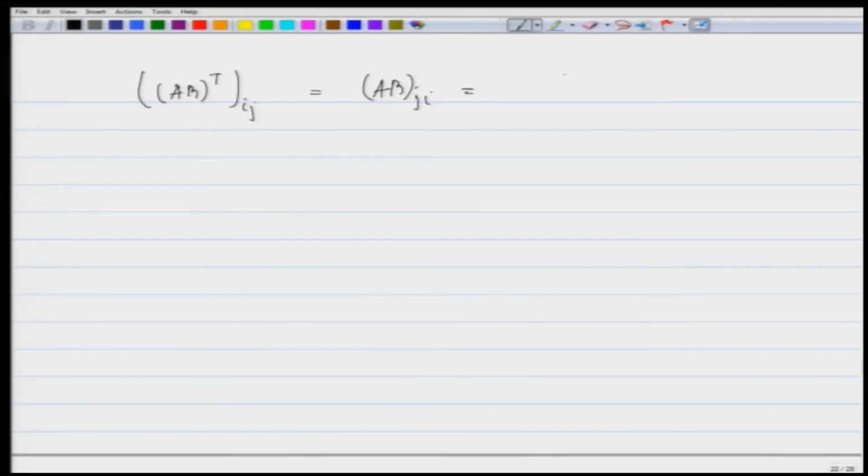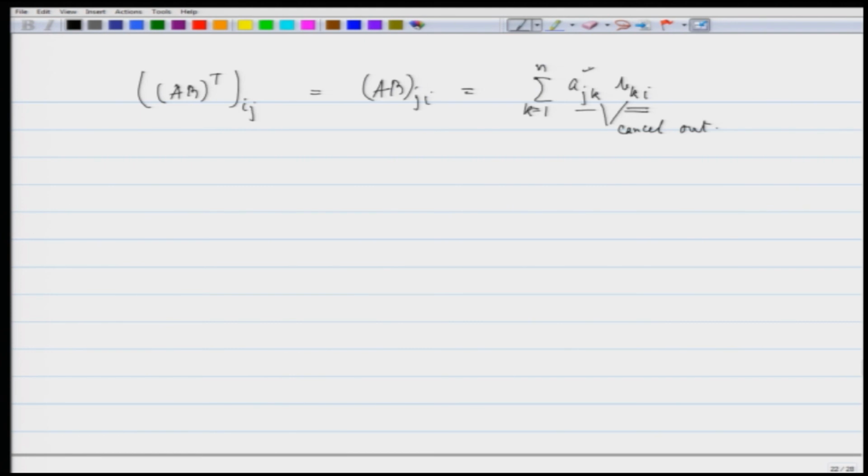I can write it as the summation over k equal to 1 to n, or whatever the size is, of A of jk into B of ki. This is important. This k and k cancel out, remember it please.